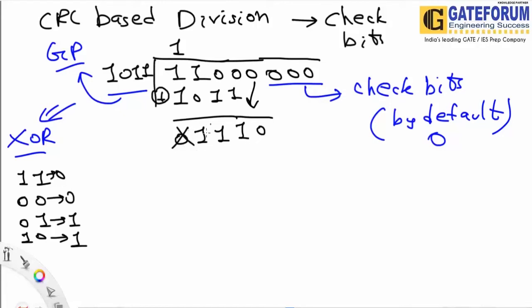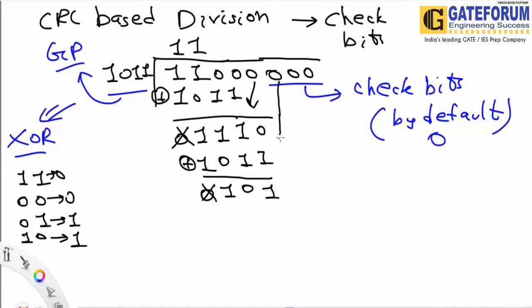Again, the most significant bit is 1, so we directly take 1011. Again, the XOR operation is performed here. 110, 101, 110, 011. This first 0 is cancelled off, and we take the next 0.